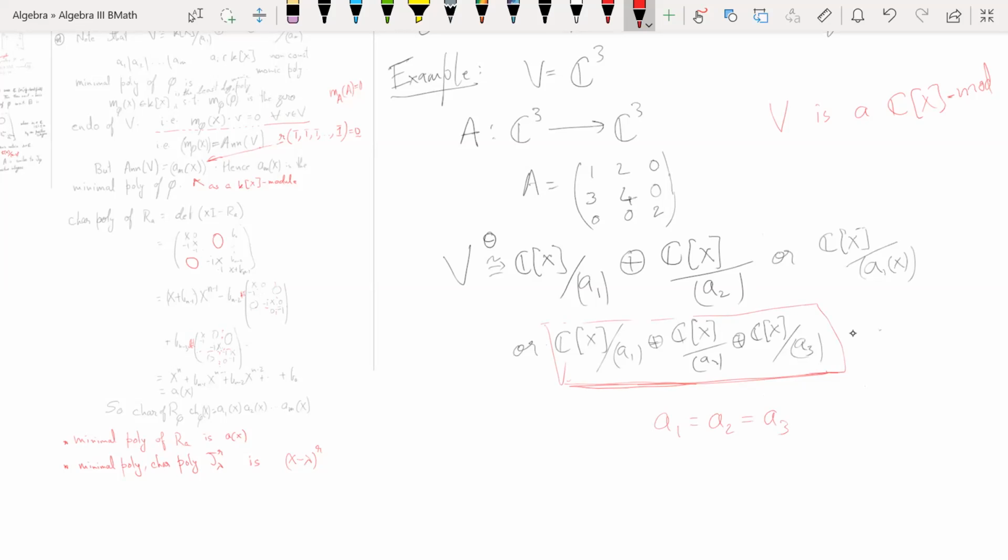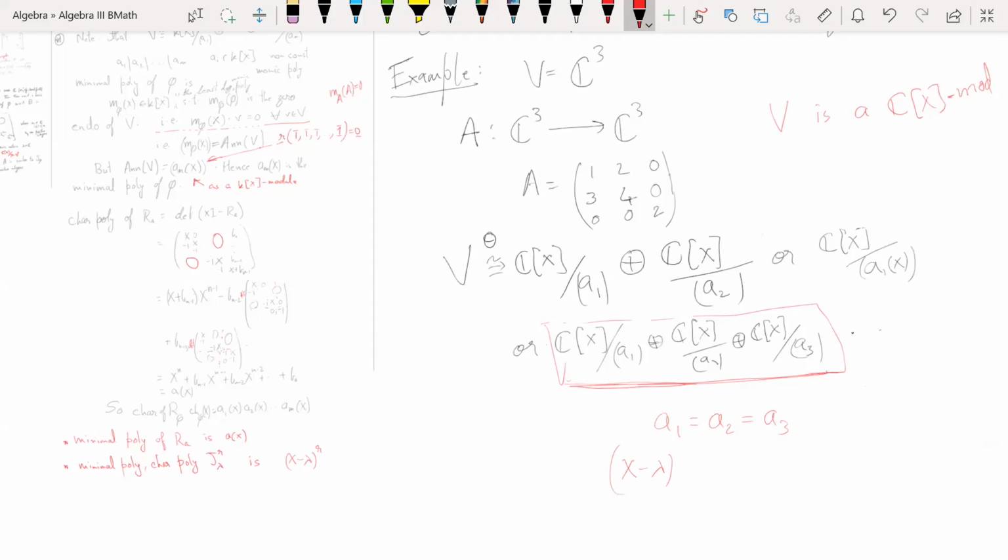So it's going to be this, and then the minimal polynomial is just a linear thing, so X minus some lambda annihilates A, which means it annihilates the vector space.